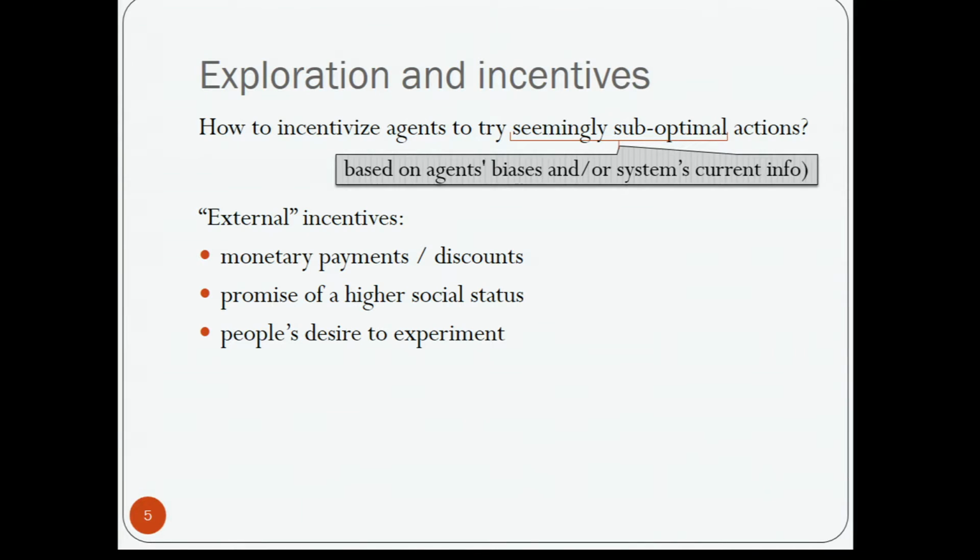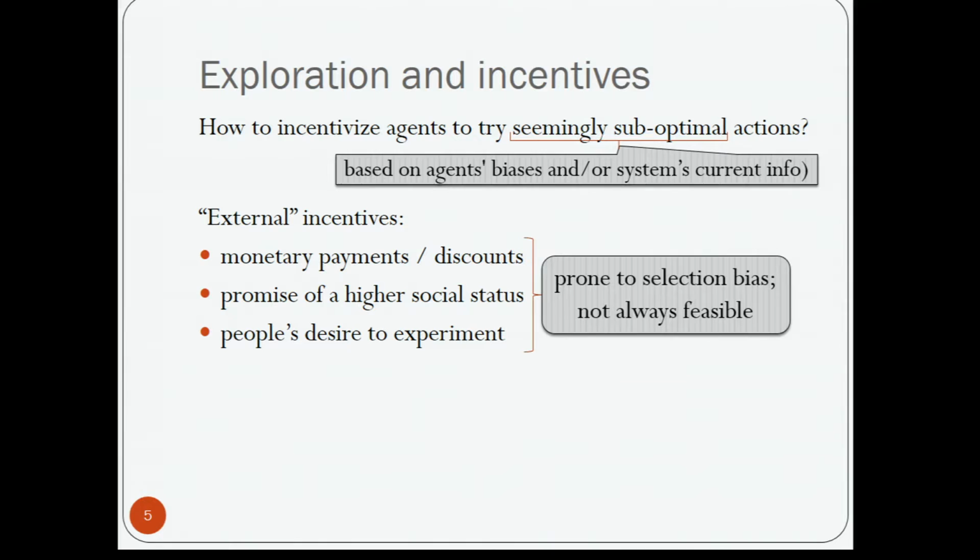All of that is good, it has its place, but there are some issues with it. One is that it's not always possible. You may not have enough money to pay enough patients, for example.